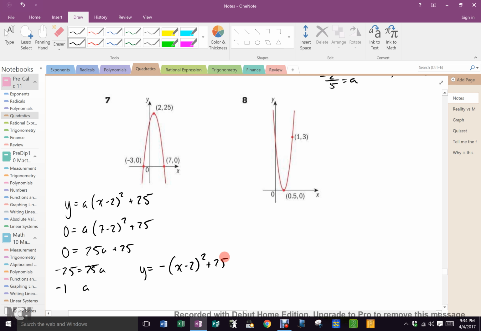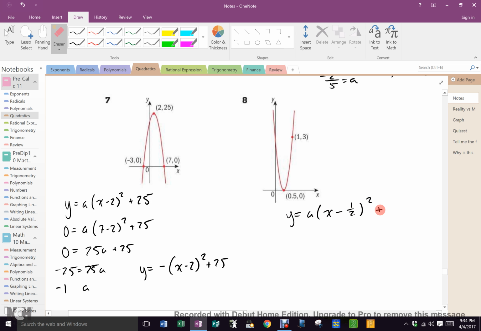You're in standard form. And finally, number 8, I have my vertex. So again, y equals a(x minus 1/2) squared plus 0. Ooh, that's weird.